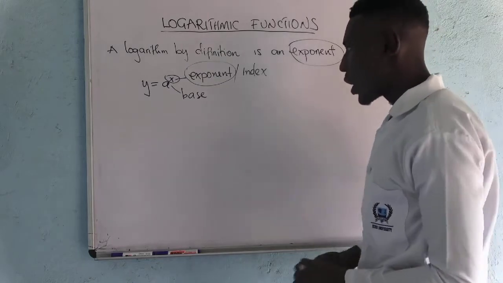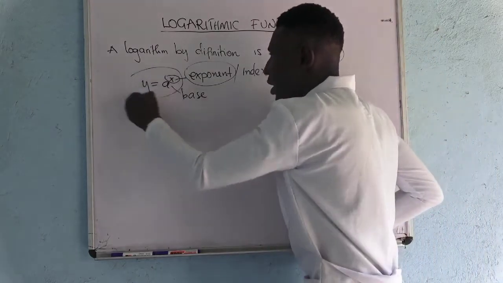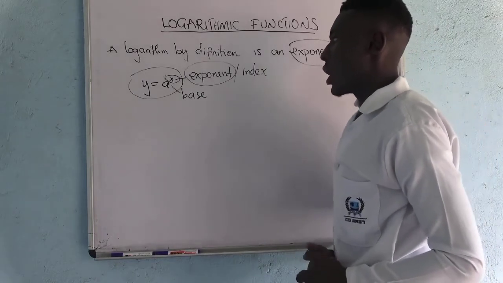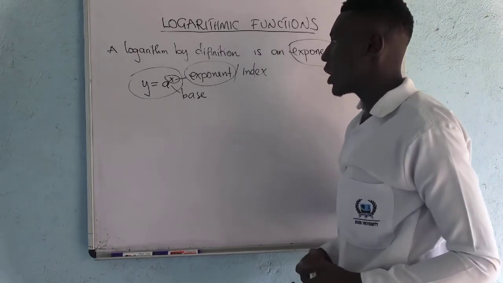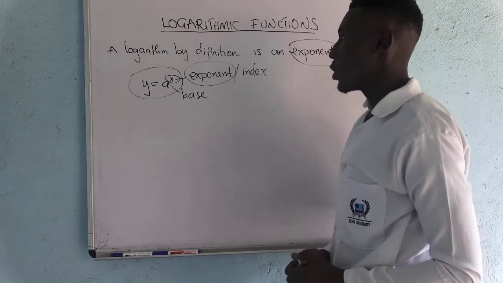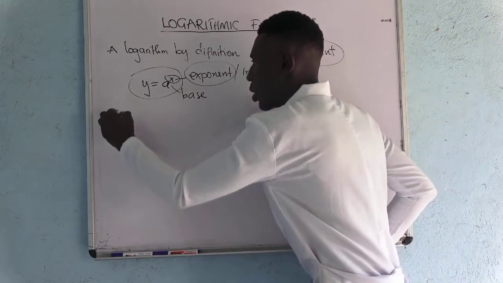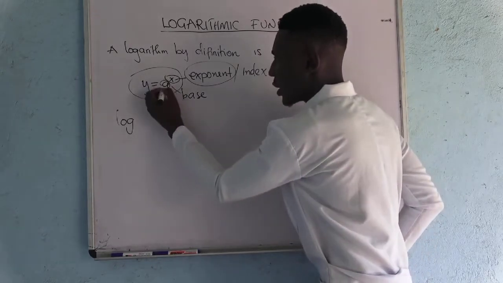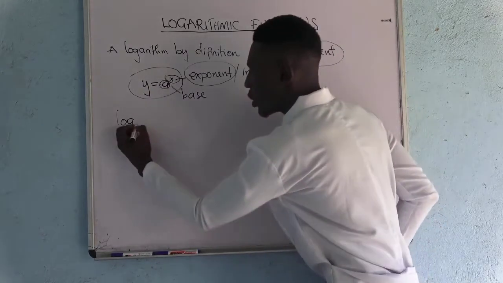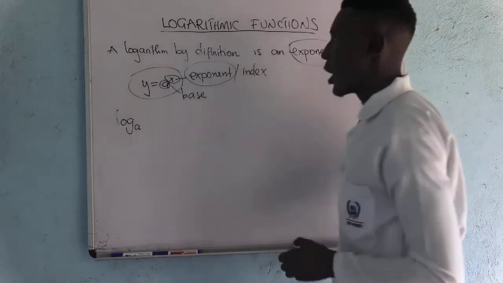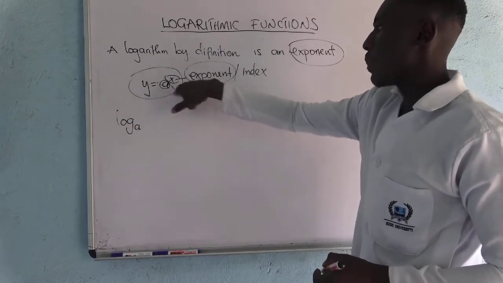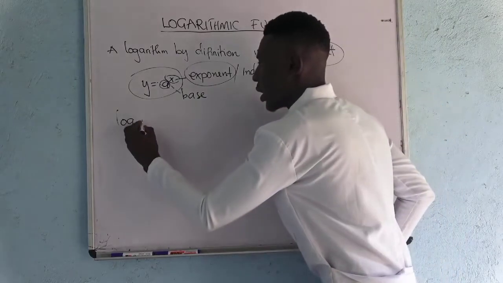Being that this is the form of an exponential function, when we are told to write it in logarithmic form, we're simply going to say log, then this base will come here, and the value y which is equal to this power will be here.